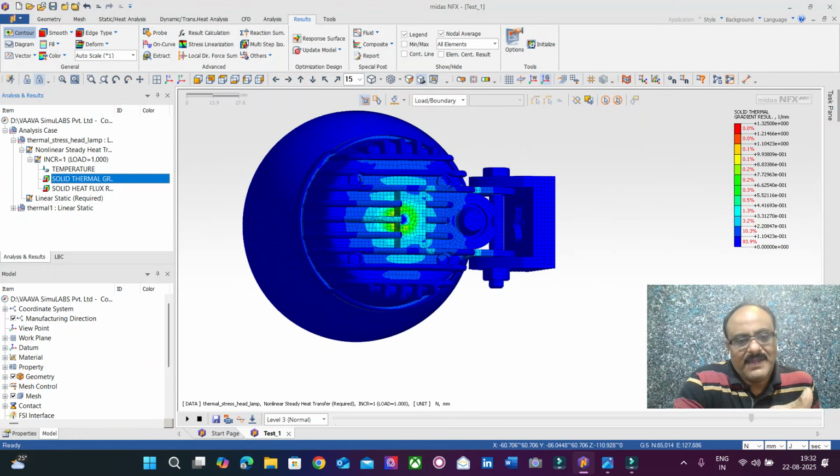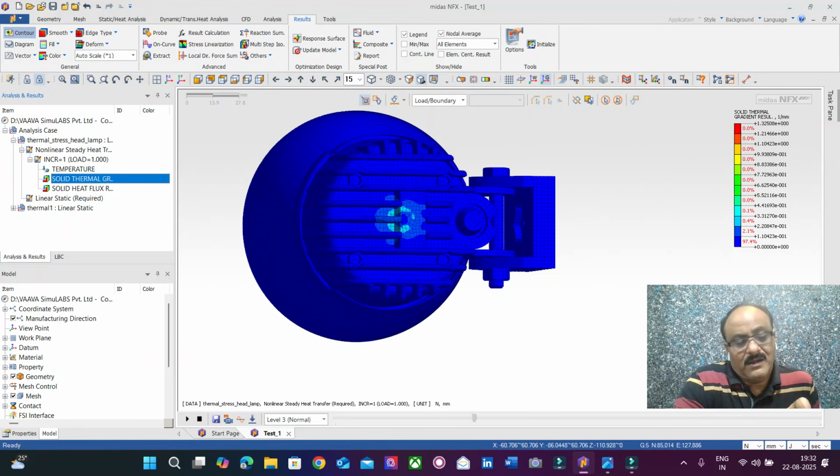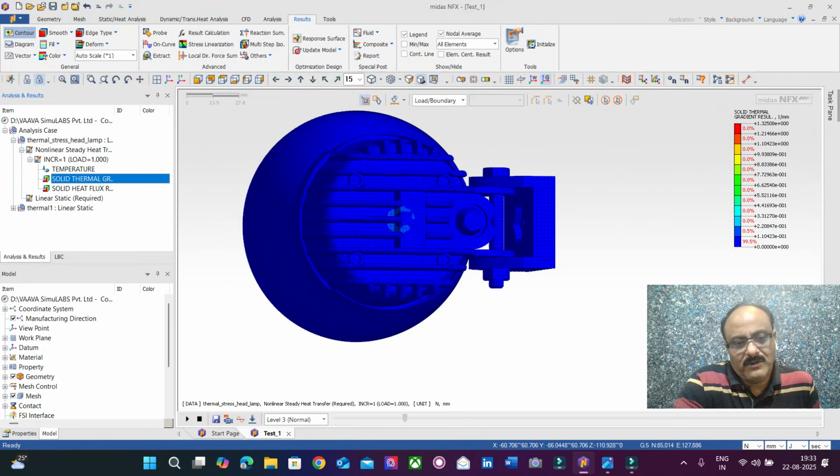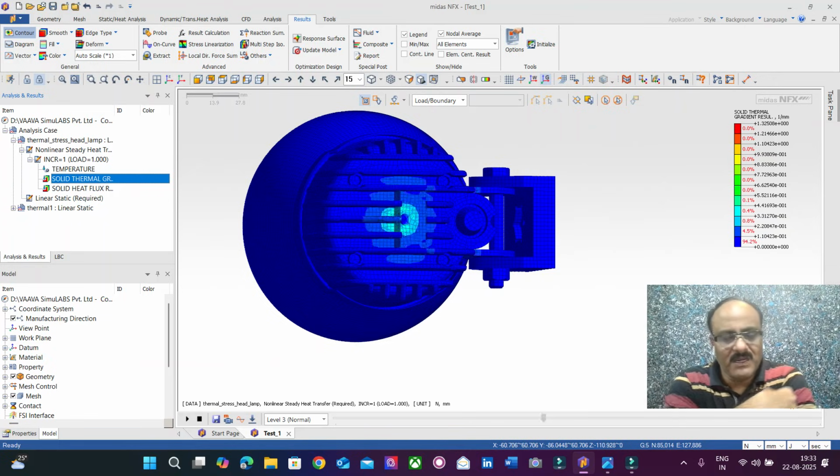Now for that, the particular coffee cup is designed in such a way that the very hot, very high temperature coffee which is inside the cup has to be handled by the customer, and the customer shouldn't feel the heat while gripping onto the mug, the coffee mug or the tea mug.